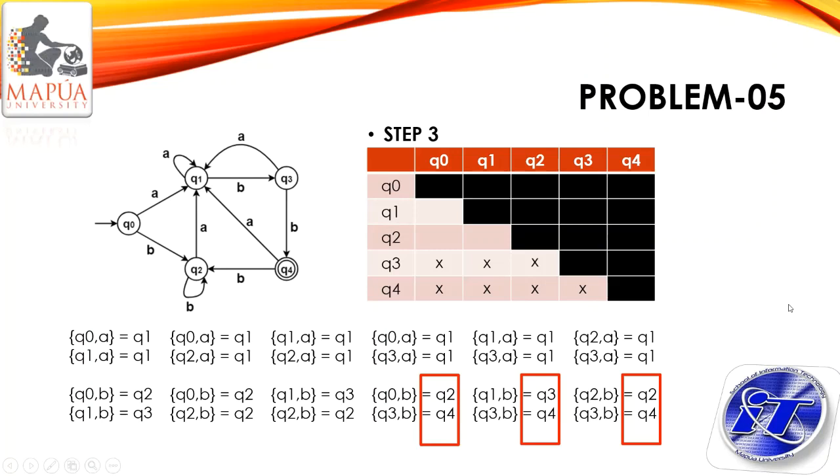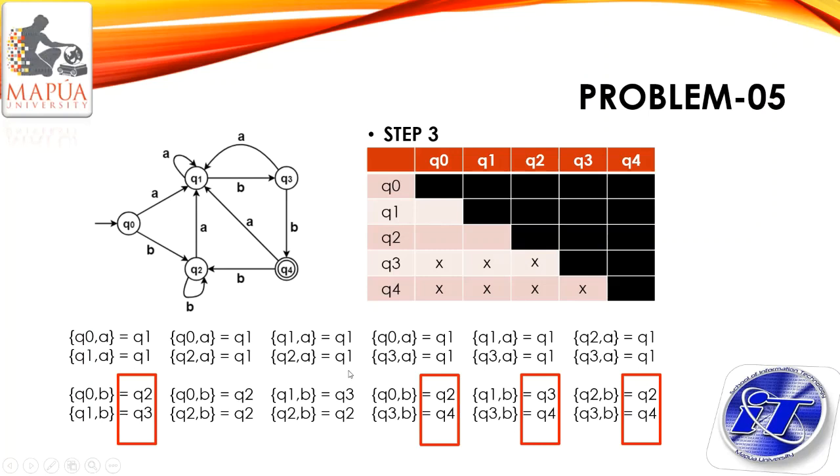Since we have new markings, let's go back to our other cells. Again, Q1 is not marked. Q2, Q3 has already been marked, so Q0, Q1 will also be marked. How about Q0, Q2? Both Q1 and Q2 cells are not marked, so we're not going to do anything here.